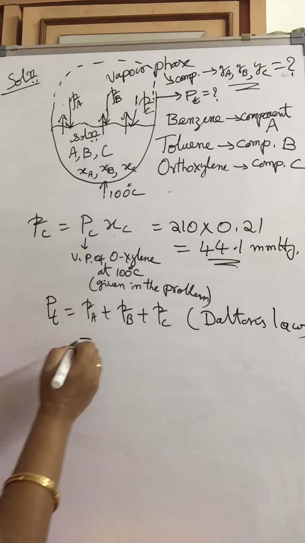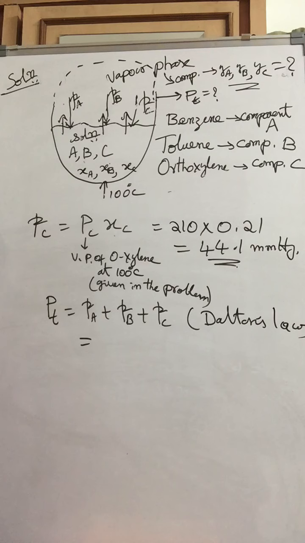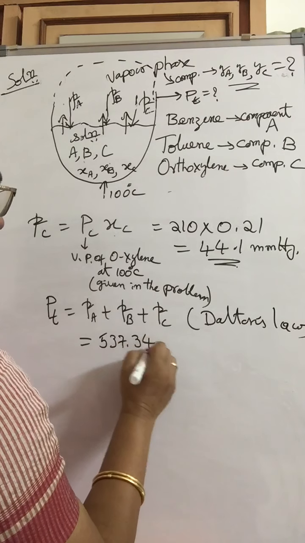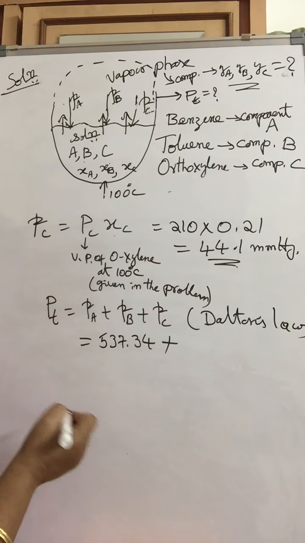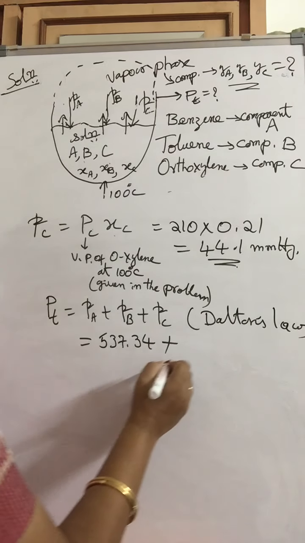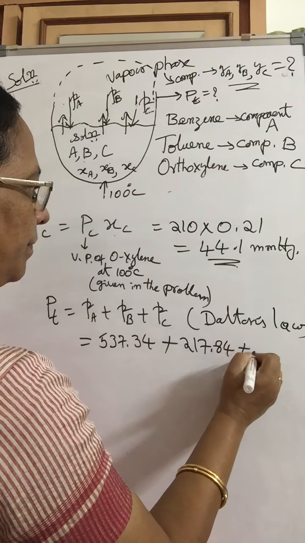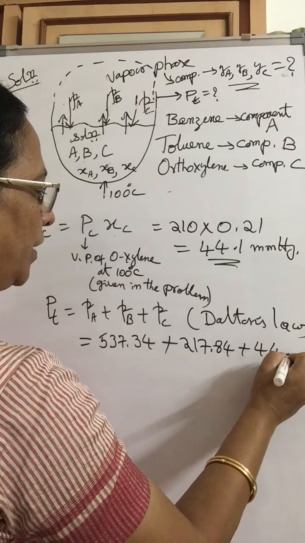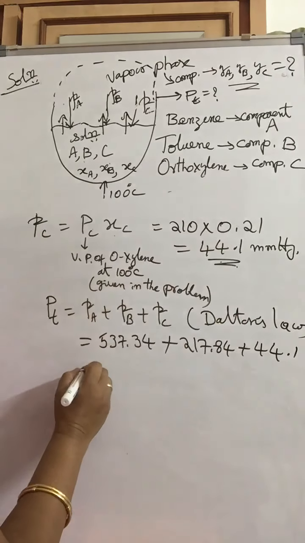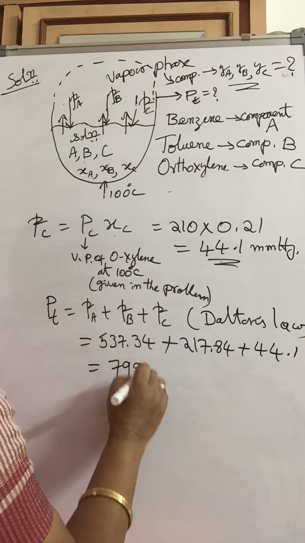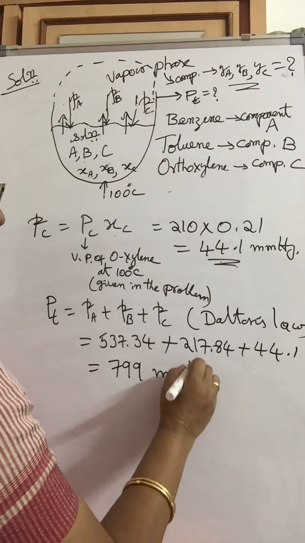So PA is 537.34 plus PB is 217.84 plus PC is 44.1, which is equal to 799 mmHg.